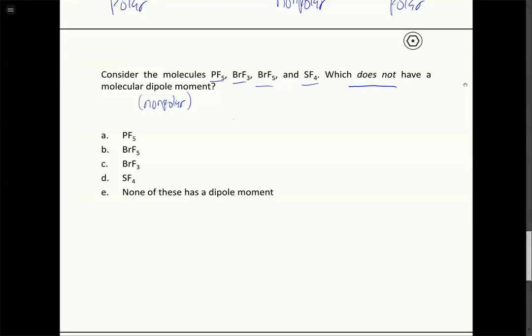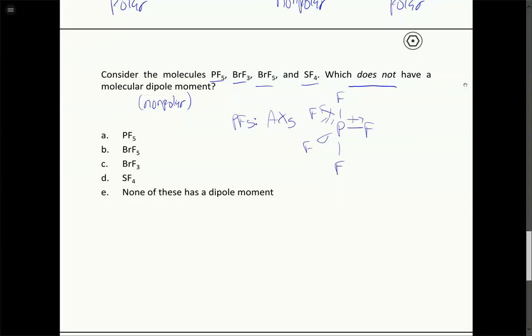So for PF5, I'm not going to go through the Lewis structures in great detail, but you would get an AX5 structure. There's no lone pairs on the central atom, which gives us a trigonal bipyramidal geometry. And so in this case, all the bond dipoles cancel out and it is nonpolar.